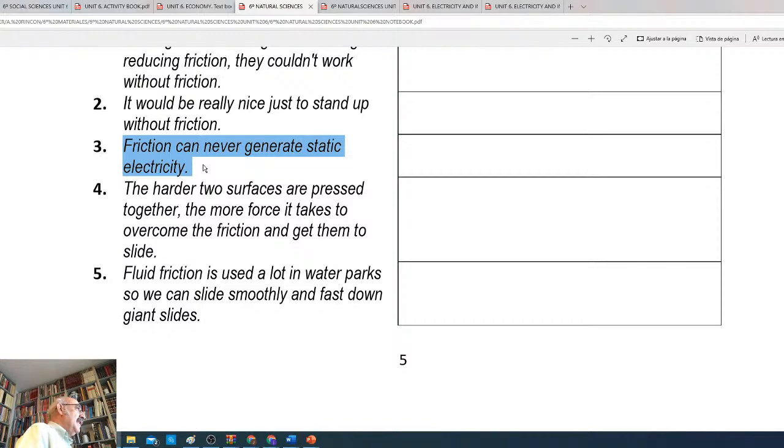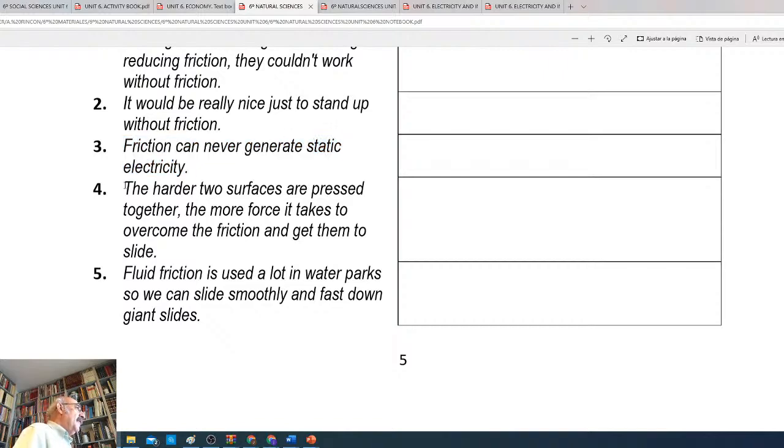And Victor says this is false. Actually the opposite is true. Friction is what generates static electricity. Because if you want to make the experiment with your hair, to get your hair on end, you need to create friction with a balloon. So friction is necessary to generate static electricity.